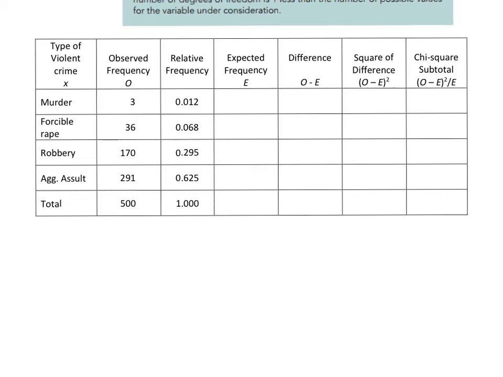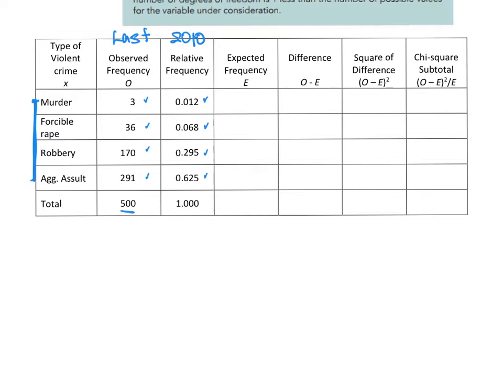Here are the 4 types of violation. This is the observed frequencies out of 500, and these are the proportions, the relative frequencies, in 2010, and this is last year.